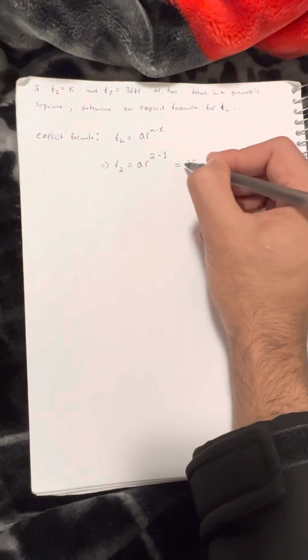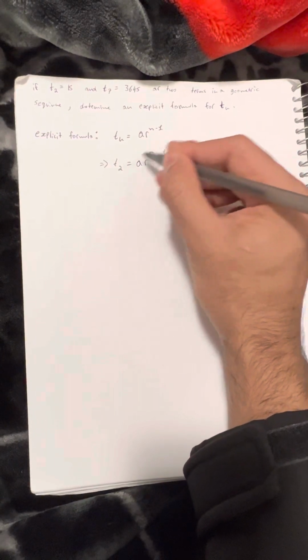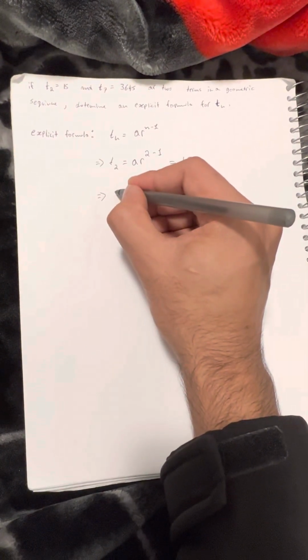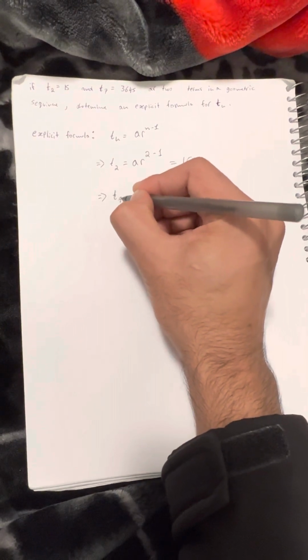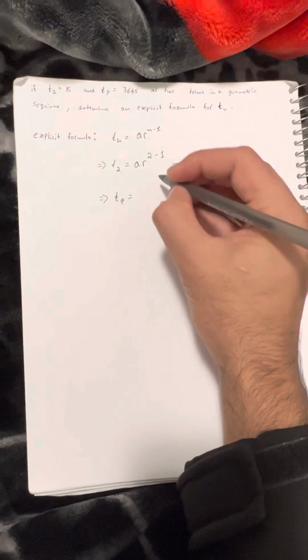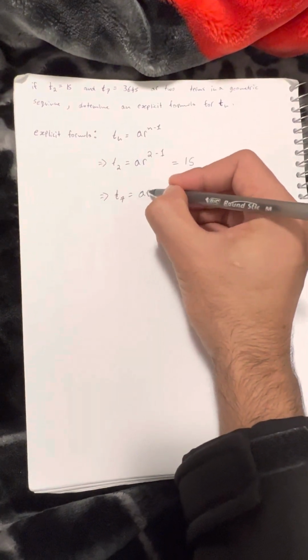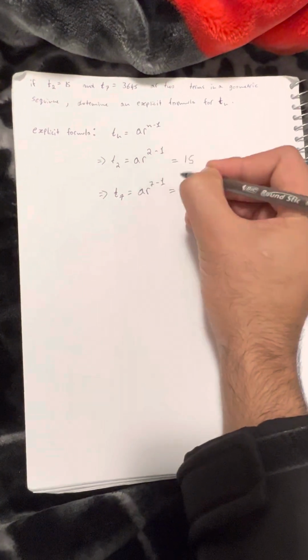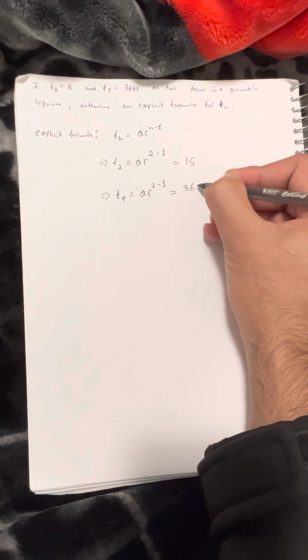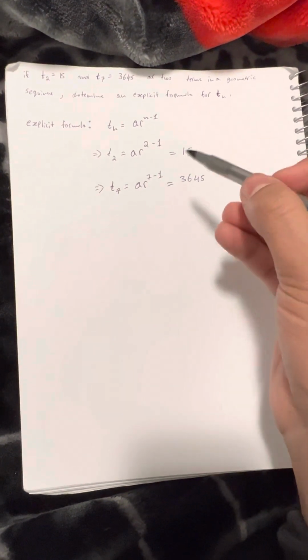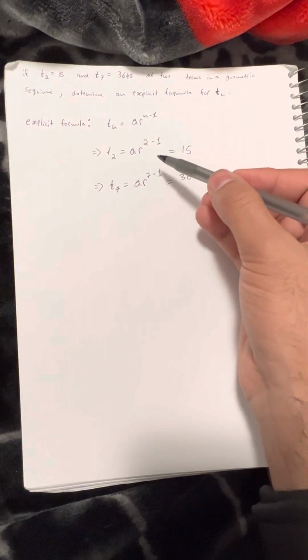And they also gave us T7, so we can say the same thing: AR to the power of 7 minus 1 equals 3645.